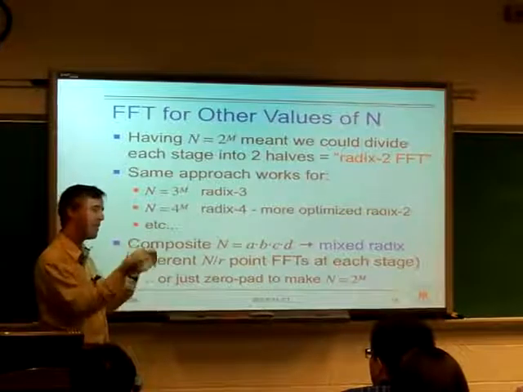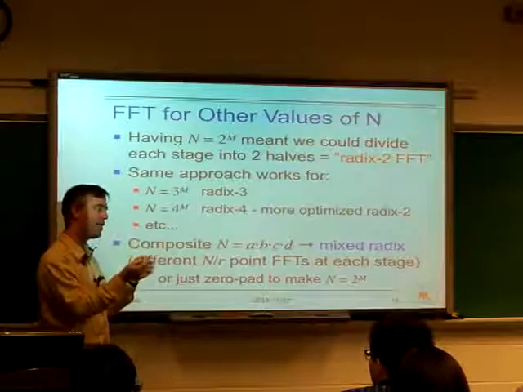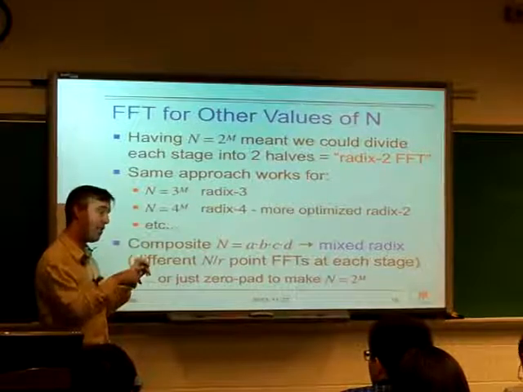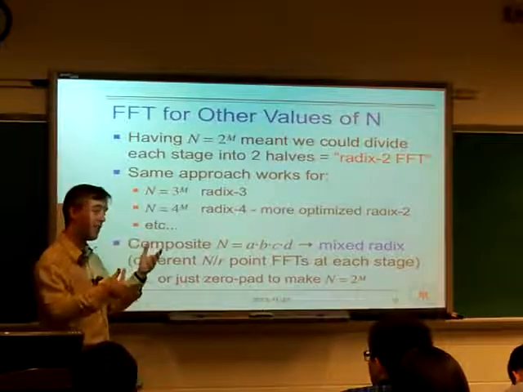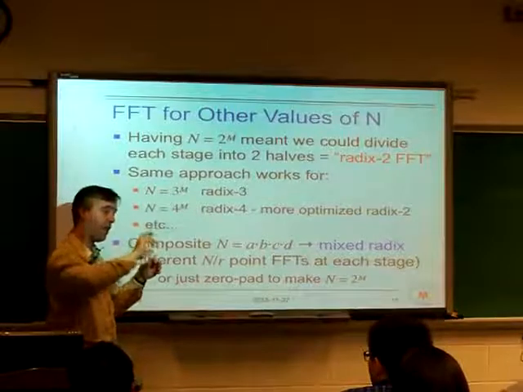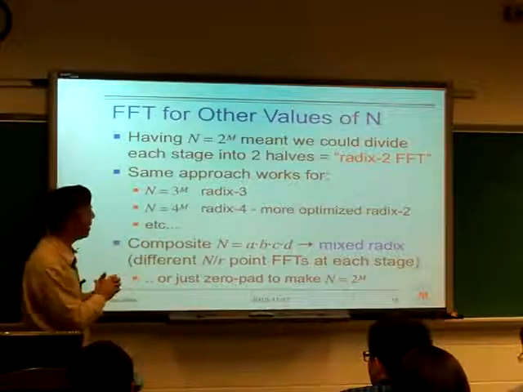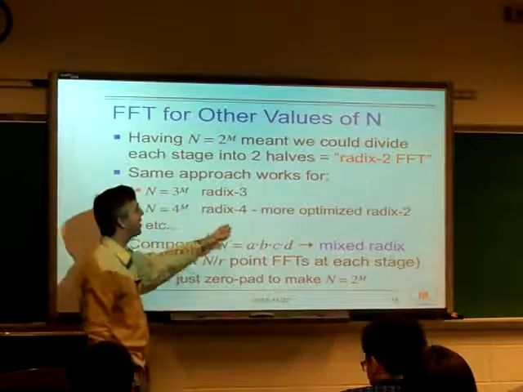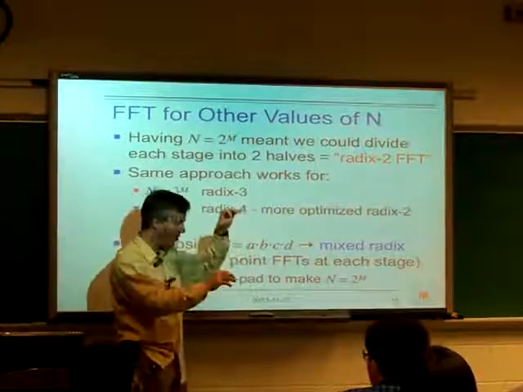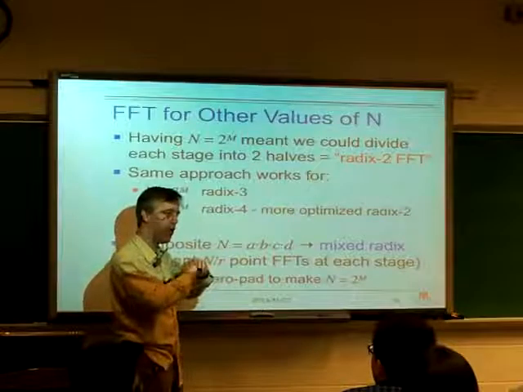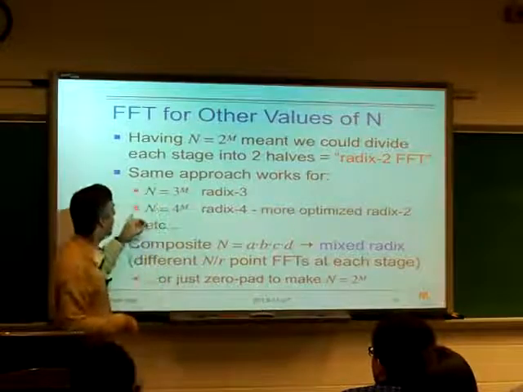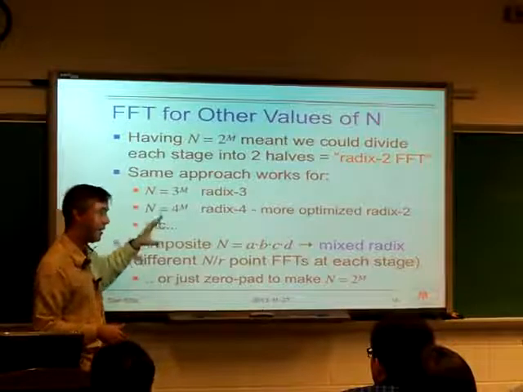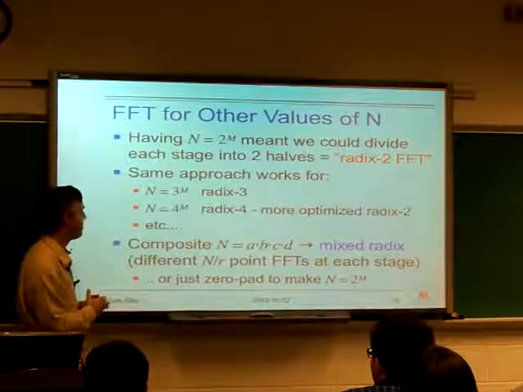Now it's not going to be just adds and subtracts, but because W sub 4 is just minus j, it still doesn't involve multipliers, it just involves swapping the real and imaginary values in a Cartesian representation. And so you can have it as straight line code, so you can make it more efficient. So radix 4 is sometimes seen because it'll allow you a little bit of extra optimization.